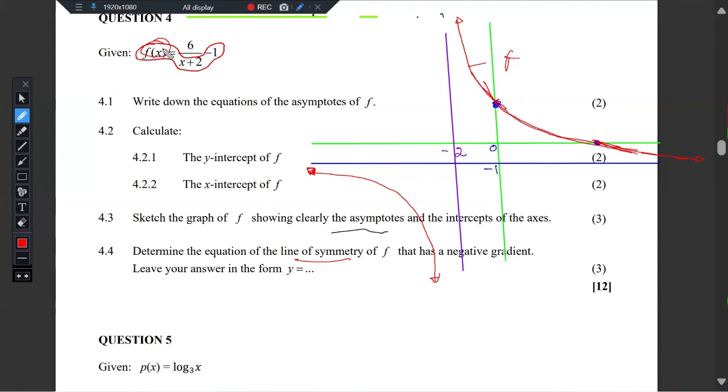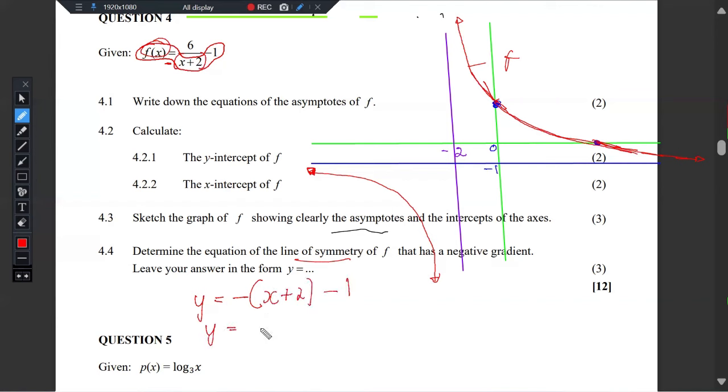Provided that obviously you change your f of x to y, if they say indicate the one with the negative gradient, then put this one here, only the ones in the denominator inside the bracket, and then have a negative just before that. So that means it's y is equal to negative in bracket x plus 2 and then minus 1.